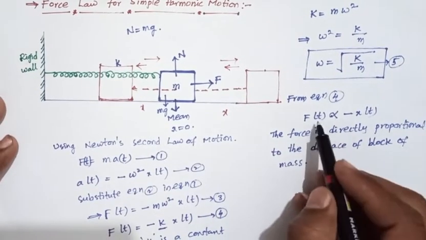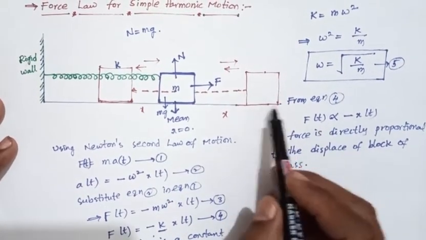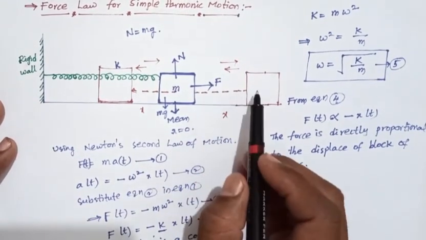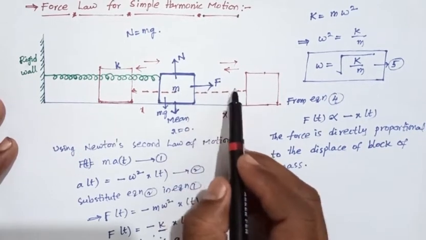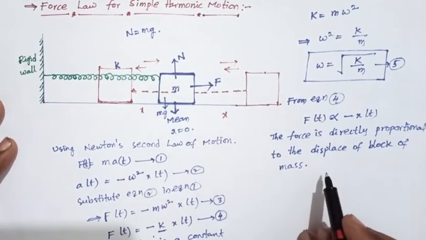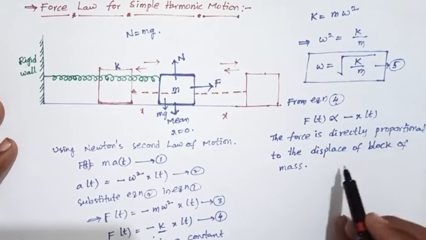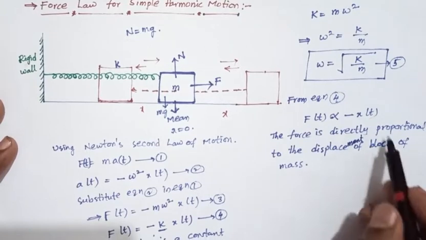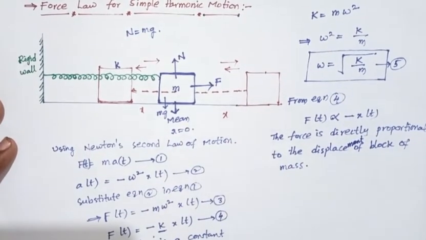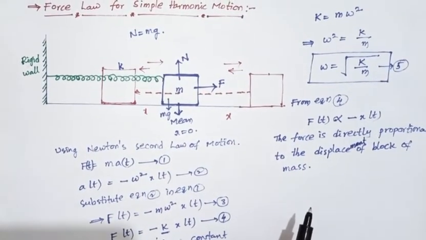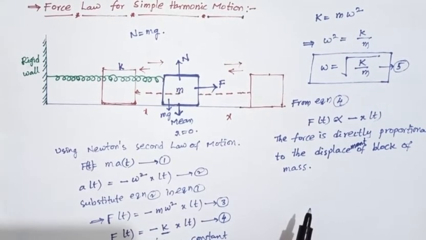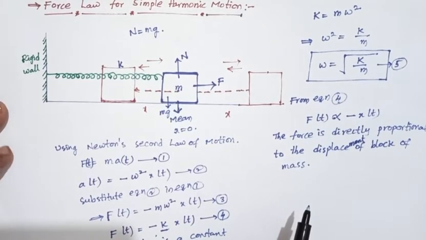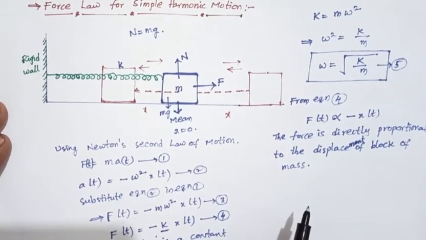Okay, the force is in which direction? It is towards the mean position. The applied force is directly proportional to the displacement, and it is towards the mean position at any time. This type of force is called the restoring force of simple harmonic motion.